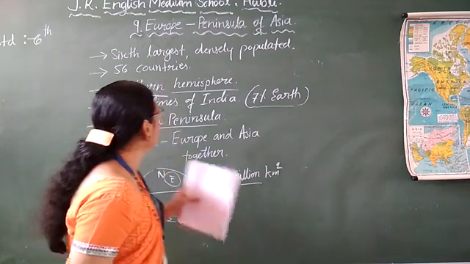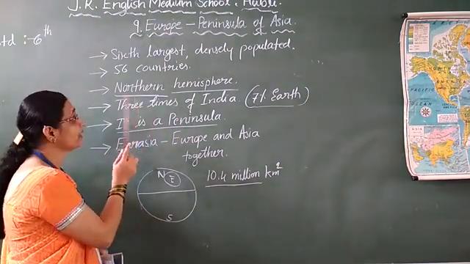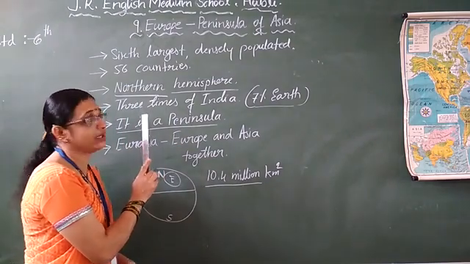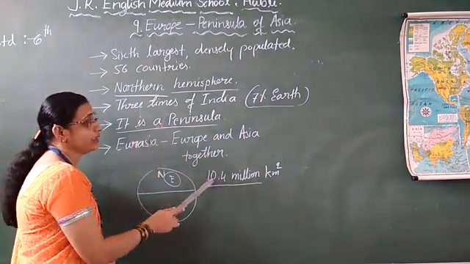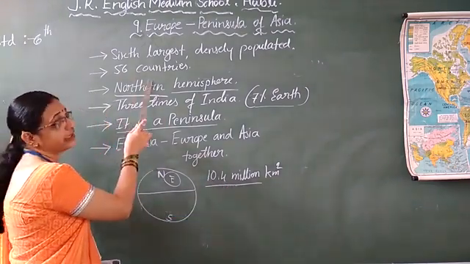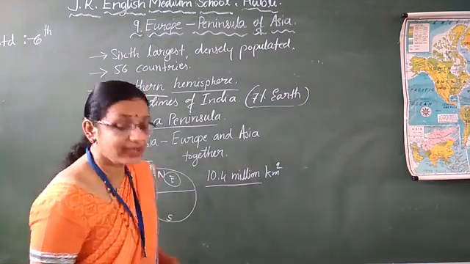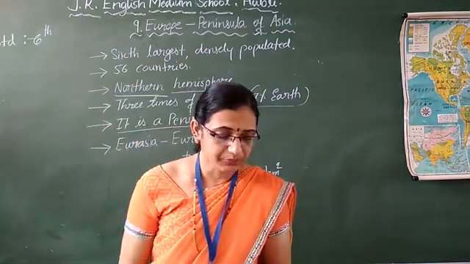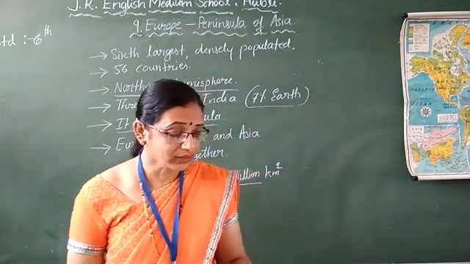Now you understood. Location means the northern hemisphere. Extent or size is 3 times India, that is 10.4 million square kilometers, and there are 56 countries in it. It is a peninsula because it has water bodies on 3 sides. What are those?